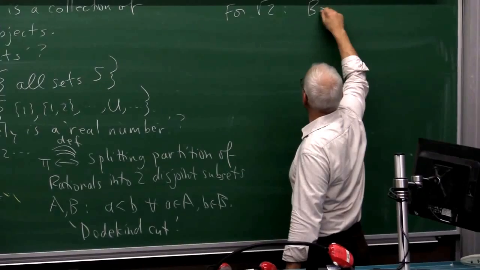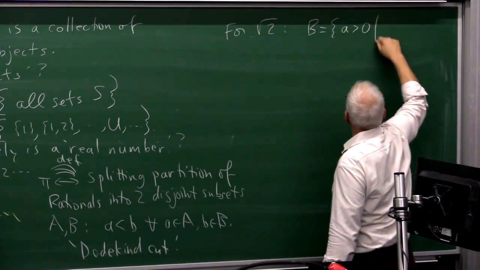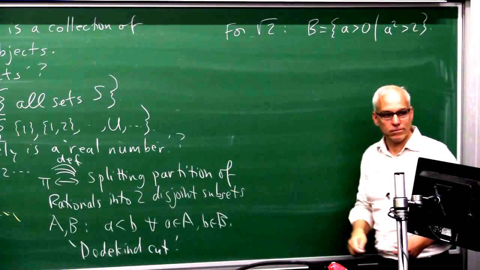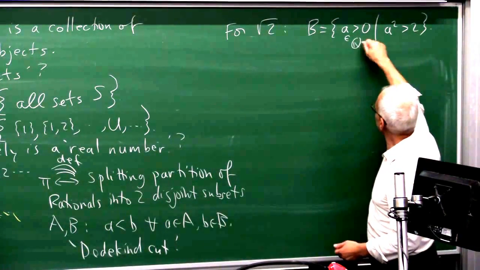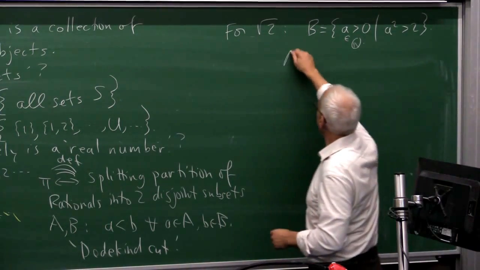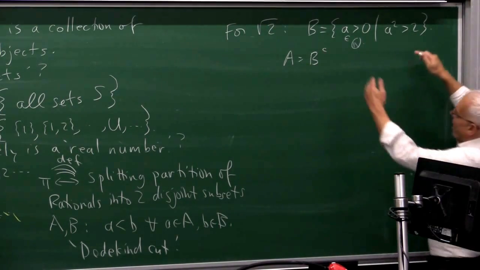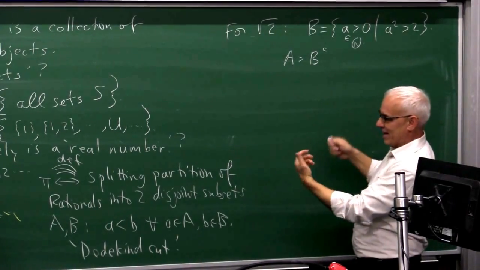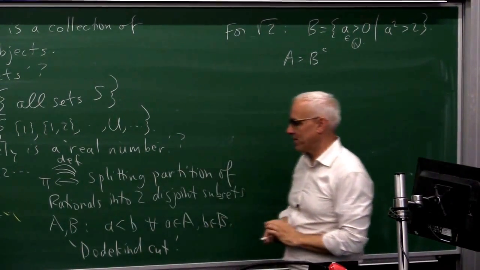For example, you could define B to be the set of numbers a which are bigger than 0, such that a squared is bigger than 2, a in the rationals, of course. And A is just the complement, A is B's complement. So for this irrational square root of 2, this subdivision was relatively easy to get hold of algebraically, but for other ones it's more problematic.